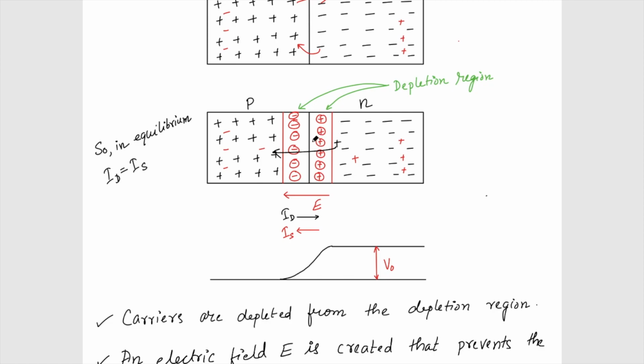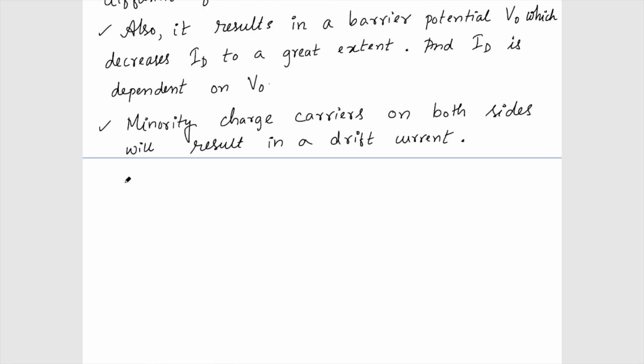It doesn't depend on the electric field, because as soon as it comes here, it is just swept away. Okay, so whether the electric field is high or low doesn't matter, it goes to the other side as soon as it comes here. However, it is not dependent on V0 or the electric field, it is just dependent on the temperature.